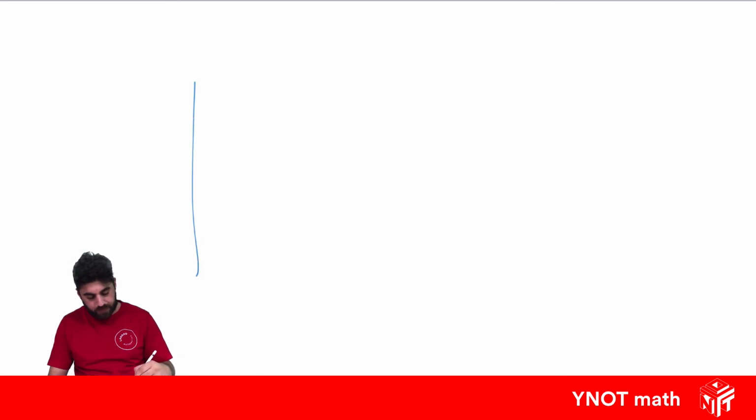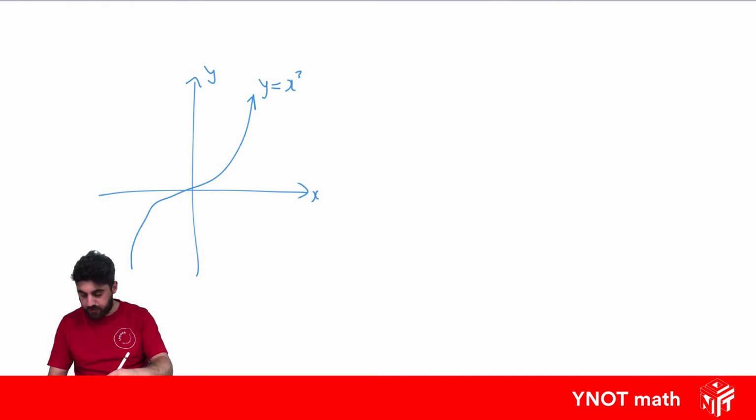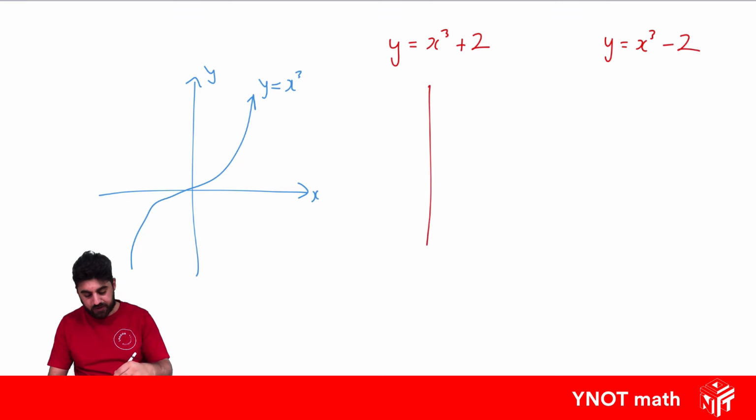Okay. Our original function, y equals x cubed. Now, our next rule is if you take the function and just add a constant on the end, it'll shift it up on the y-axis, or if you subtract a constant, it'll shift it down the y-axis.